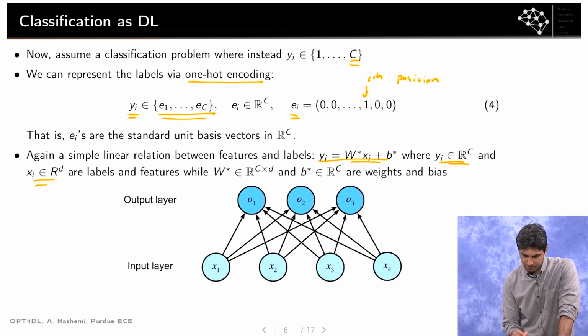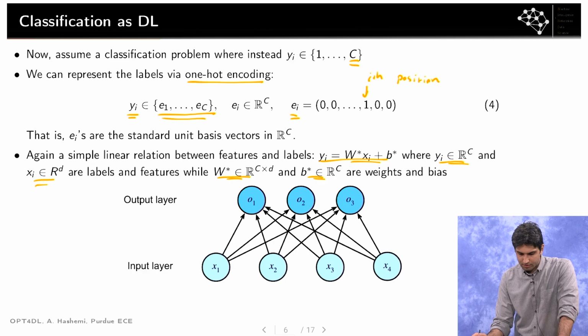and features. And what are the learnable parameters of this linear model? They are this weight matrix and the bias. Again, we can think of this as an artificial neural network, basically a combination of neurons that take an input signal, process it, and pass it forward. In this case, we have a single input layer and a single output layer.